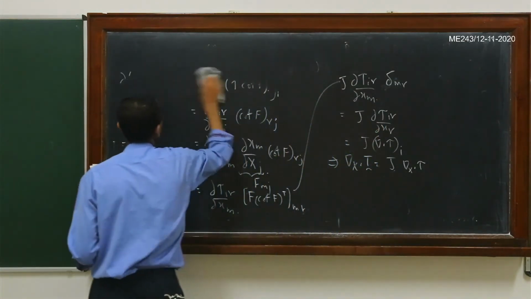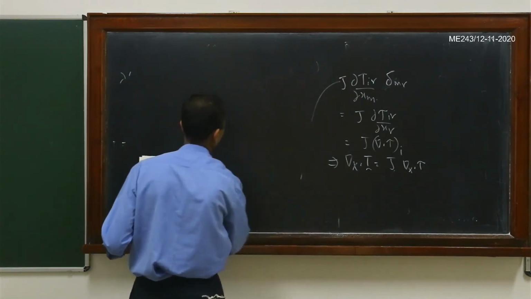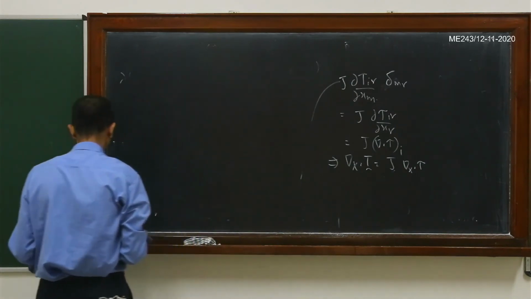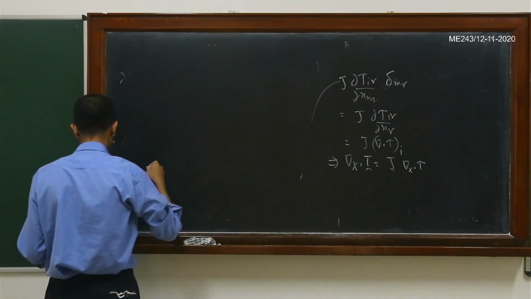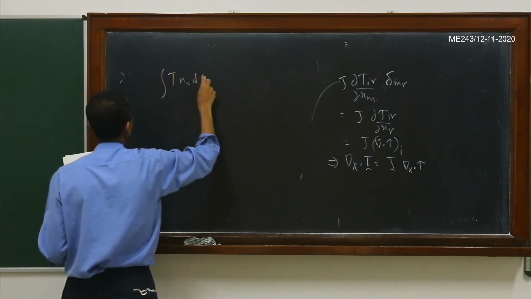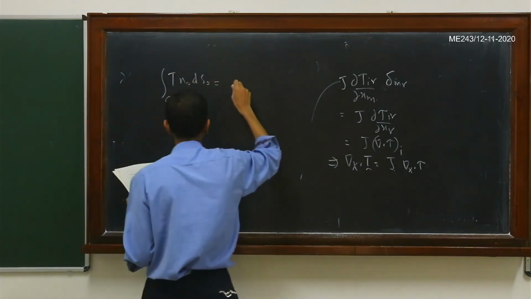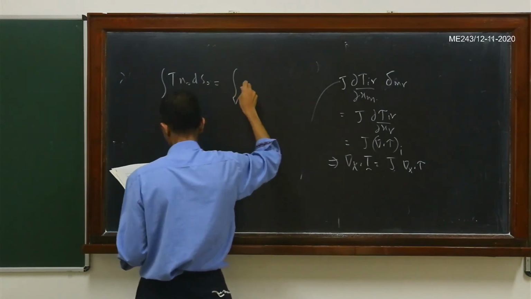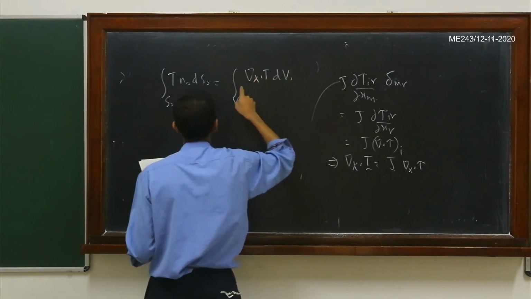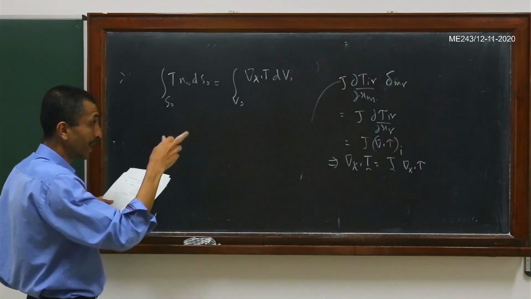So let's look at that now. Let us look at this term, T times n0 times dS0 over S0. So this is equal to the integral over V0 of del_X dot T times dV0. In this step I am just using the divergence theorem, which I had written earlier.